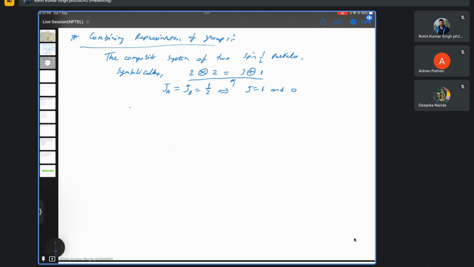Similarly, you can group three spin half particles. Symbolically you can write it like this.